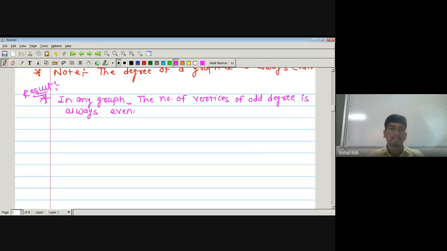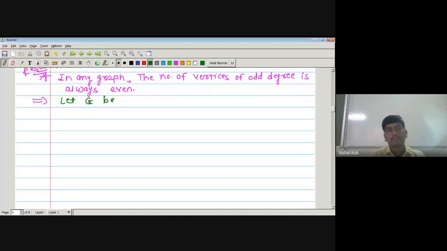Okay. So in this, we have to prove that if we take any graph, then it contains an even number of odd degree vertices.